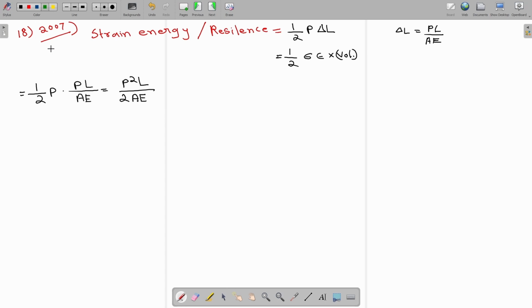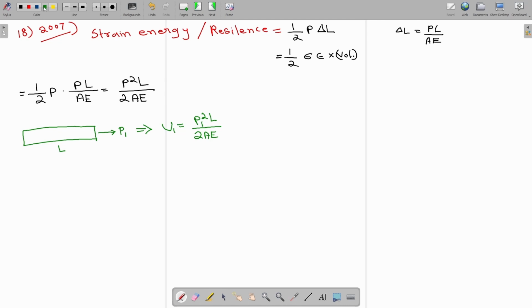Now we are going to consider a prismatic bar of length L. Now it is pulled by a load, say P1. Therefore, the strain energy produced will be U1 is equal to P1 square L by 2AE.